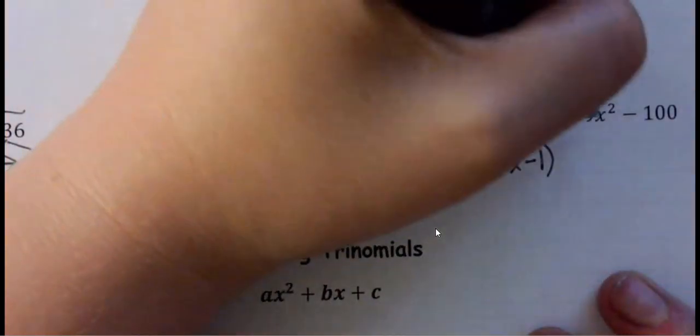And then this last one, the square root of 9 is 3, so 3x plus, and the square root of 100 is 10, and 3x minus 10.